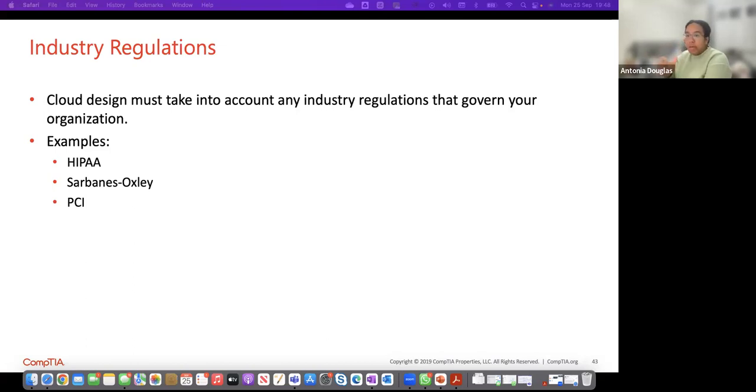But it must be considered when doing your cloud design, incorporating these features in it. Is it PCI compliant? Is it HIPAA compliant? Is it SOX compliant? And then potentially having an audit to validate that. And each of these might have their own specific requirements that you need to meet.